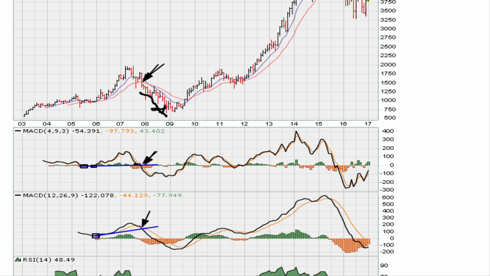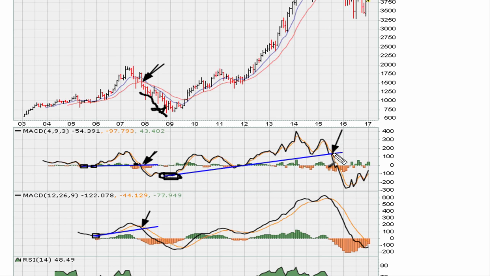And as discussed in the prior MACD video, if you take this low on the MACD and draw a trend line, you see that it connects here to these lows. Extend it out, and you can see this is another primary trend line. Why is it primary? Again, because this is a major all-time low on the MACD. So any trend line break is going to be a primary trend line break.